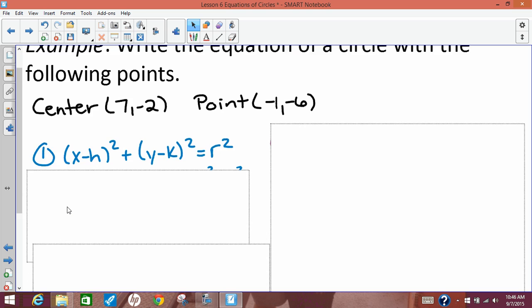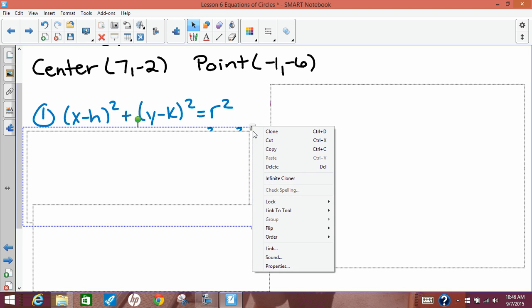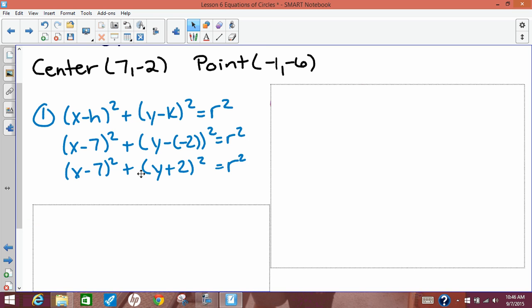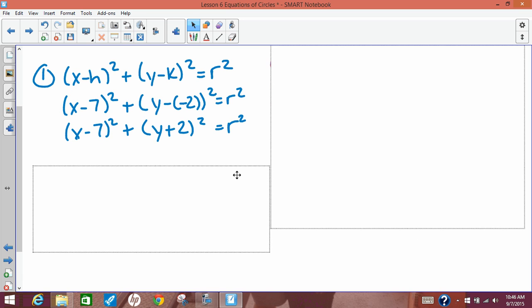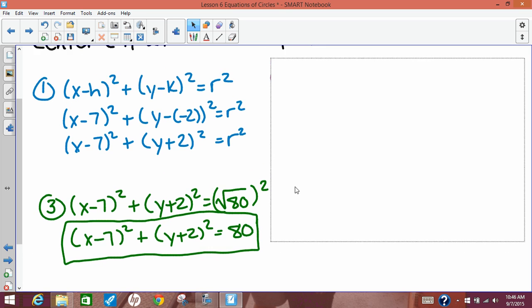So again, step one was to always write the standard form and then plug in the center. I'm going to delete this and get this out of our way. Now we need to find the radius. We're going to use Pythagorean theorem. Oops, I skipped a step.